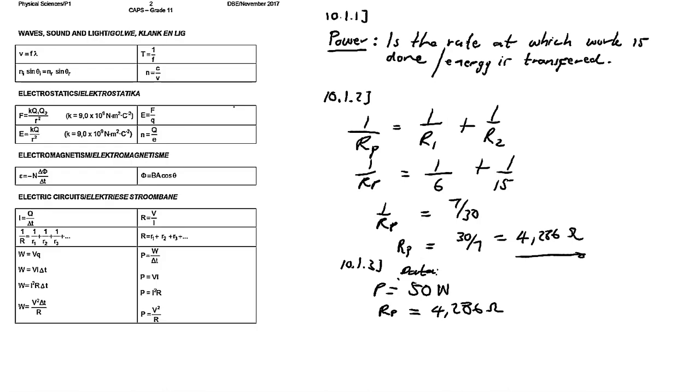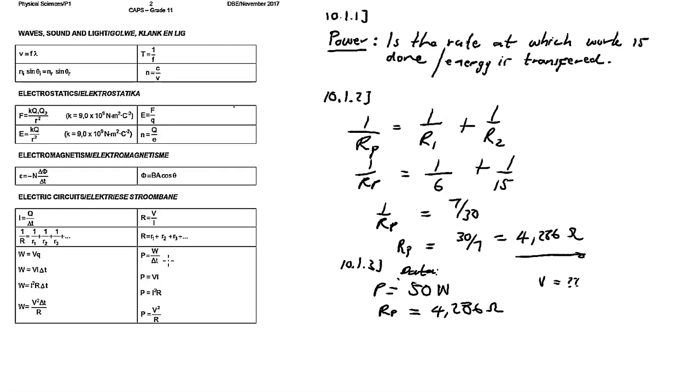So I'm given a power, and I just calculated the total resistance for the parallel part. What do I want? I want V, the potential difference across the parallel connection. So we need a formula of power where there's V as well as R.